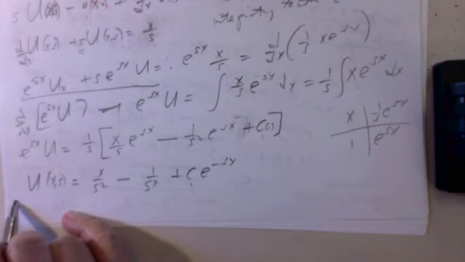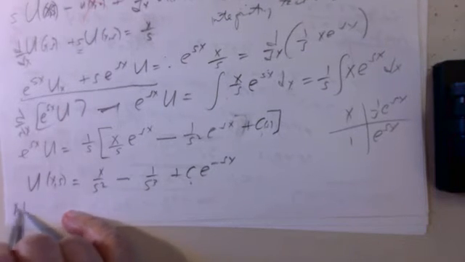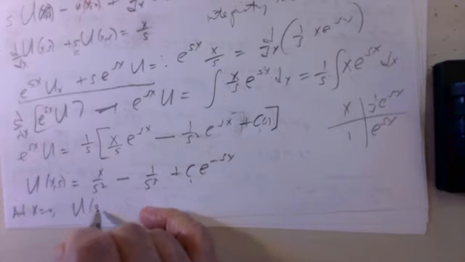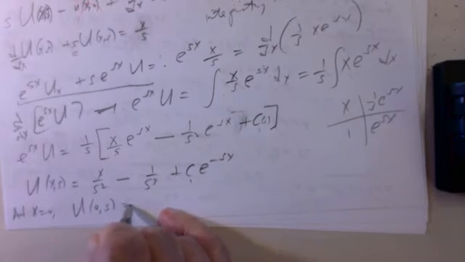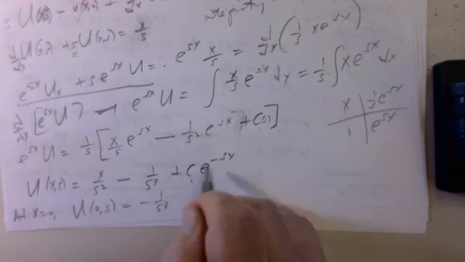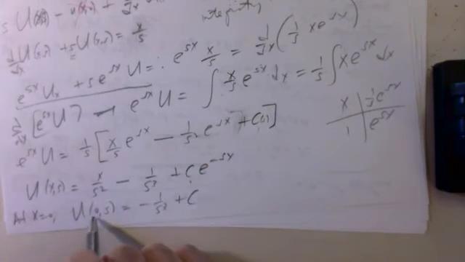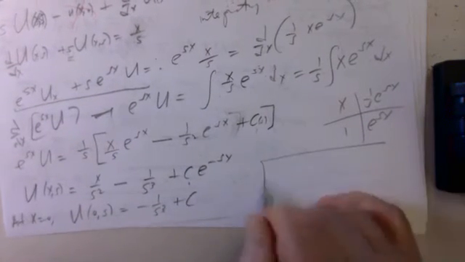So if I let x equal 0, u of 0 comma s is minus 1 over s cubed plus c. What is u of 0, s?